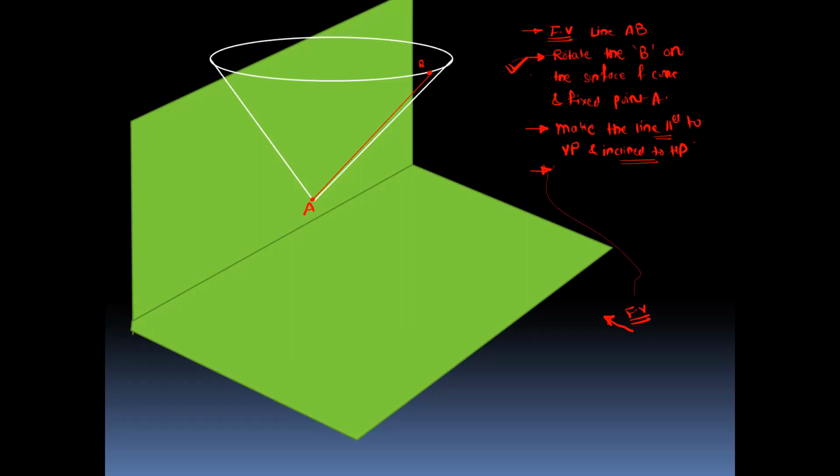This true inclination is nothing but theta. So we can observe the true length in the front view and at the same time the true inclination.